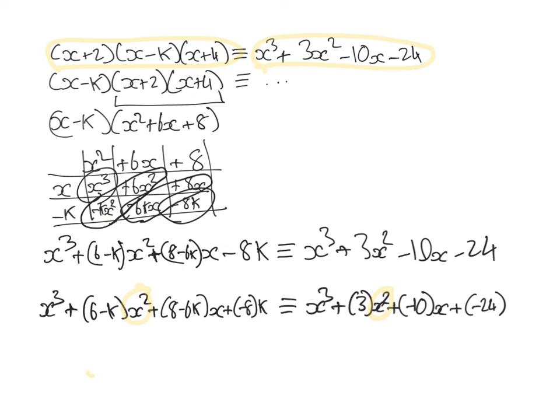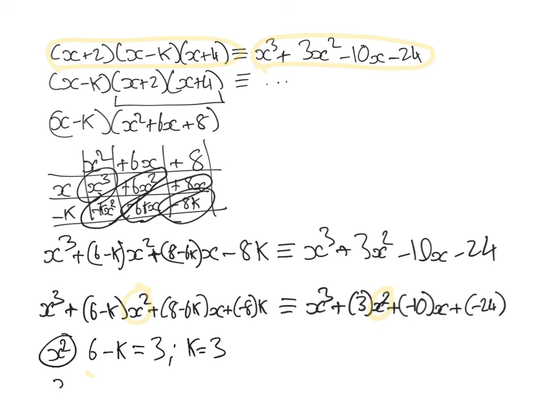Oh, not with that pen we couldn't. Who did that? Where's my nice pen? There it is. So both those x squareds match the coefficients. The coefficient in this one is 6 minus k, and the one on the other side is 3. And then we could find out what k is. If that's the case, k has to equal 3. So we've worked that out from matching the x squared coefficients.